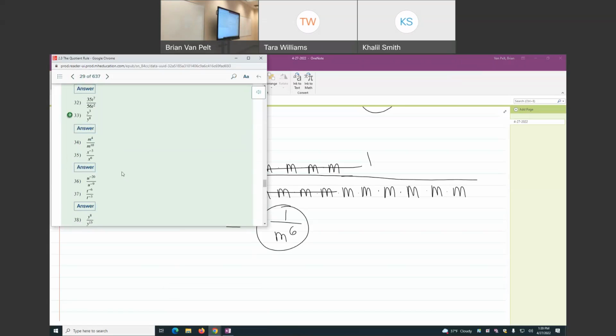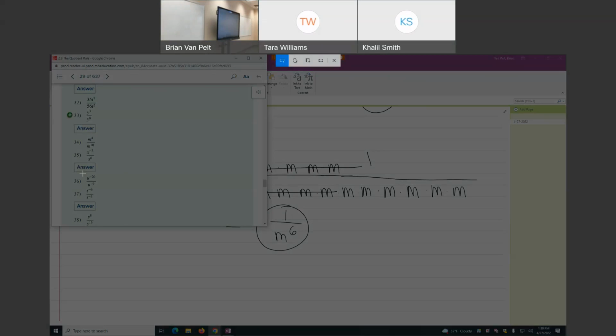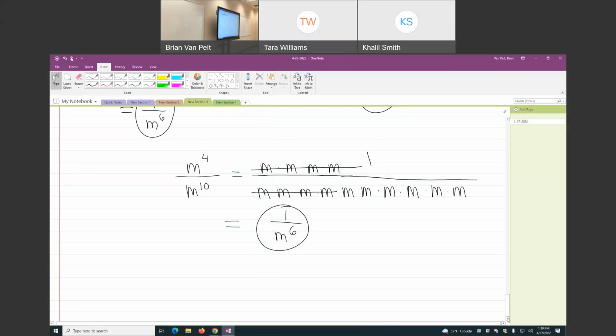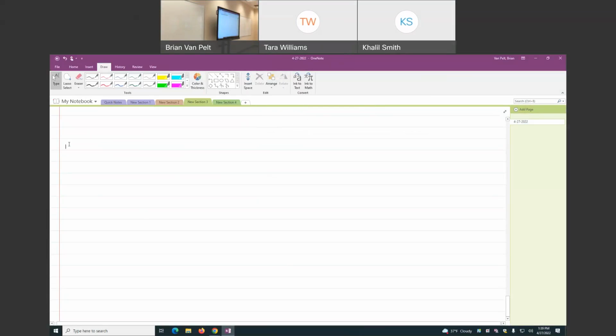Here, they're gonna throw some curveballs at you right off the bat. Do me a favor, use the quotient rule directly.